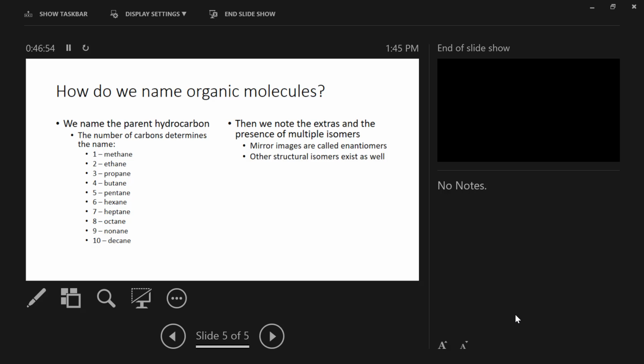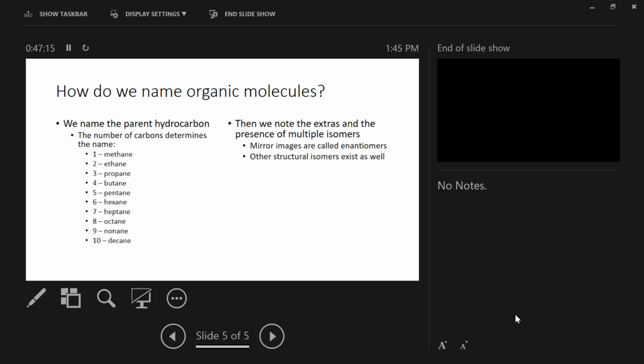This could look like this. Do you see how that is C3H6? And what would we call this? Propene. It'd be propane if there weren't any double bonds, but since there's at least one, it is propene.